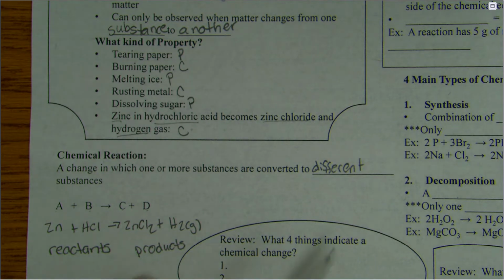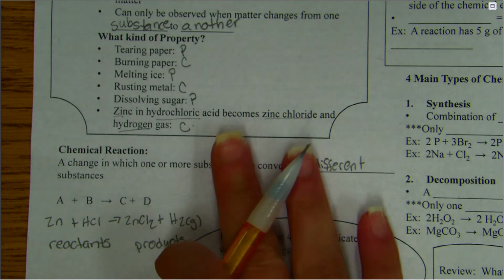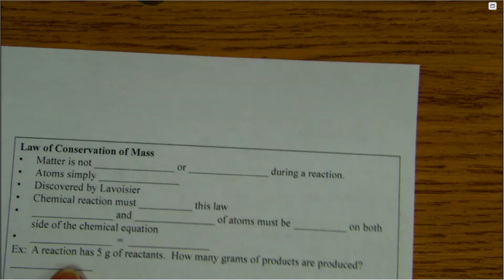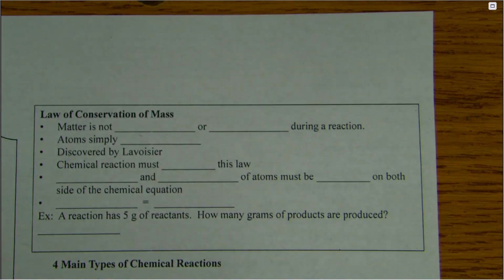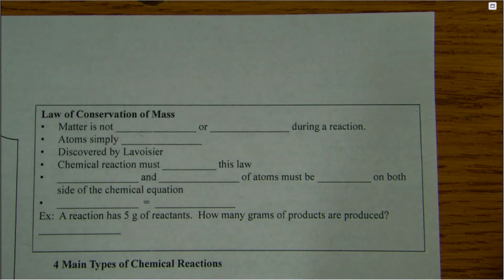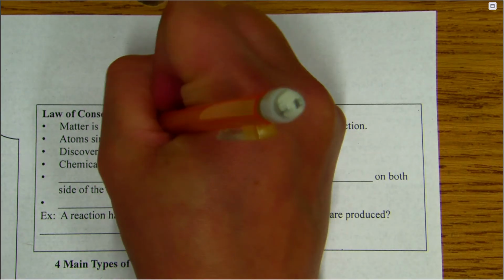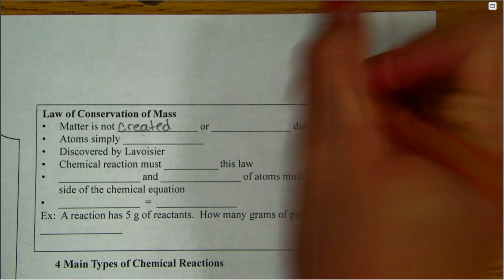So products are created. Now, chemical reactions are going to follow our law of conservation of mass. The law of conservation of mass states that matter is not created or destroyed, it simply rearranges.